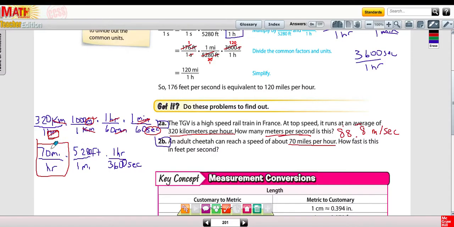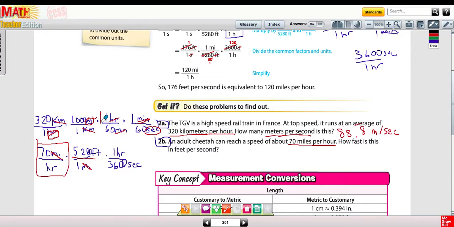I started with miles. There are 5,280 feet in 1 mile, and there's a reason I put 5,280 feet in the numerator, because I wanted the miles to cancel out, and they can't cancel out unless they're across from each other. Now that I've converted miles to feet, I need to change my hours to seconds.